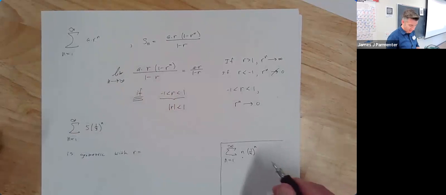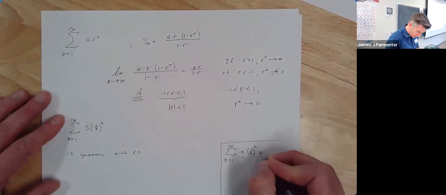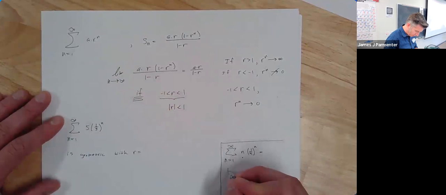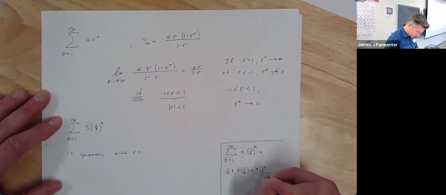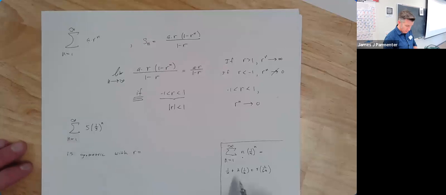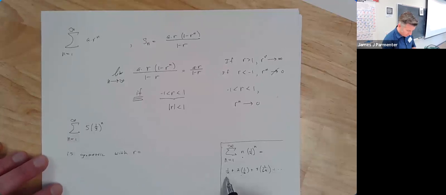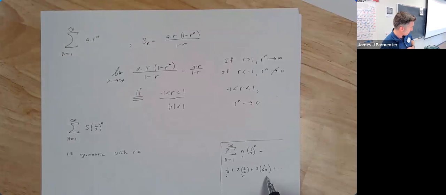You can also check, right? When I start writing out terms, my first term is 1 times 1/4. My next term is 2 times 1/4 squared. My next term is 3 times 1/4 cubed. And notably, I can't multiply this by something. Well, I can. 1/4 times 1/2 gets me 2/16, but 2/16 times 1/2 doesn't get me 3/64.